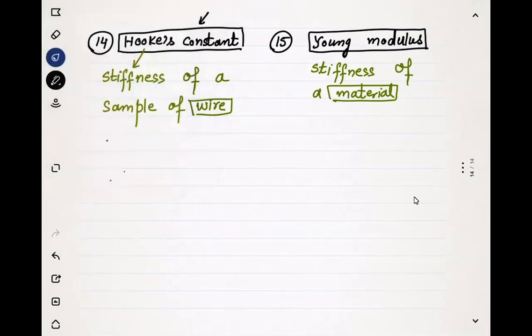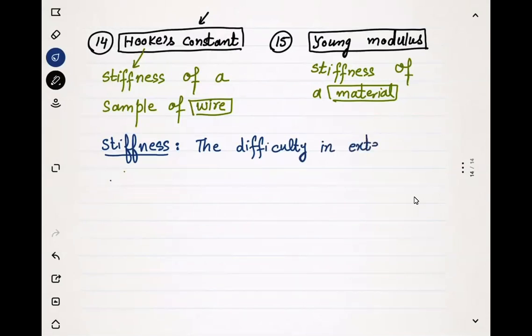And one thing that we need to clear is that stiffness, as we are referring to it here, is basically the difficulty in extending something. Now, let's define Hooke's constant.